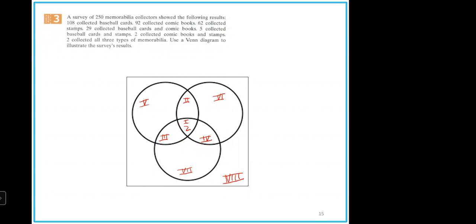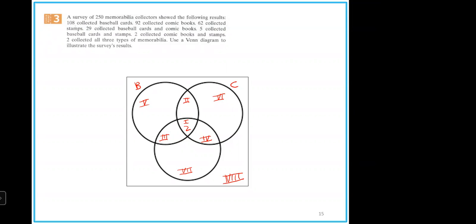Oh gosh, I just realized something. I should have made sure that we're all on the same page. I didn't do that. So I have B for baseball cards, C for comics, and at the bottom I have S for, what do I have S for again?